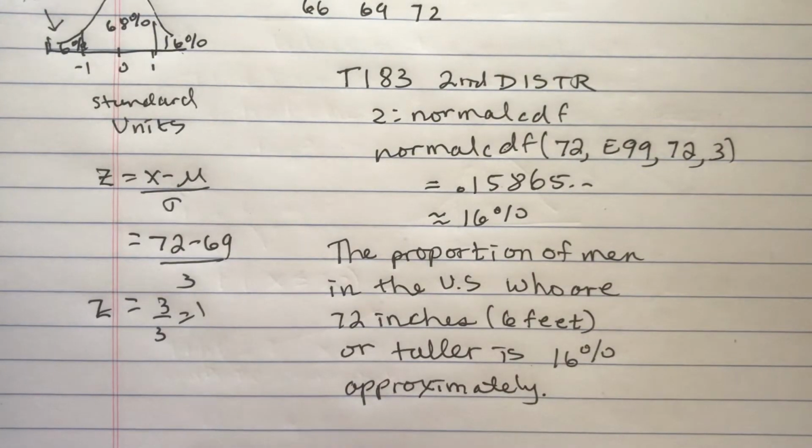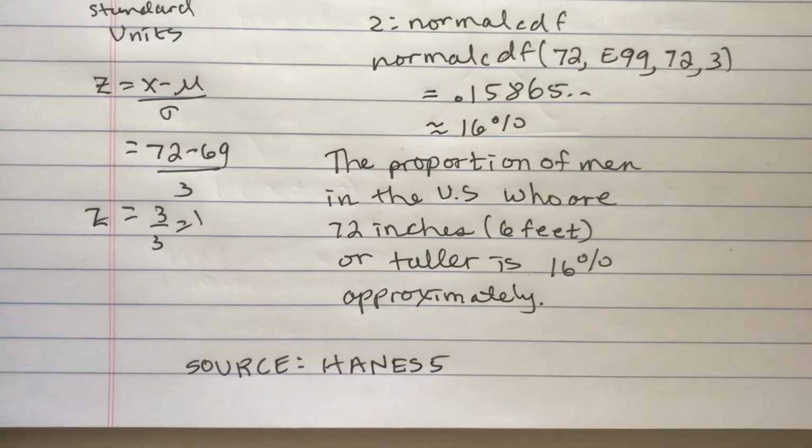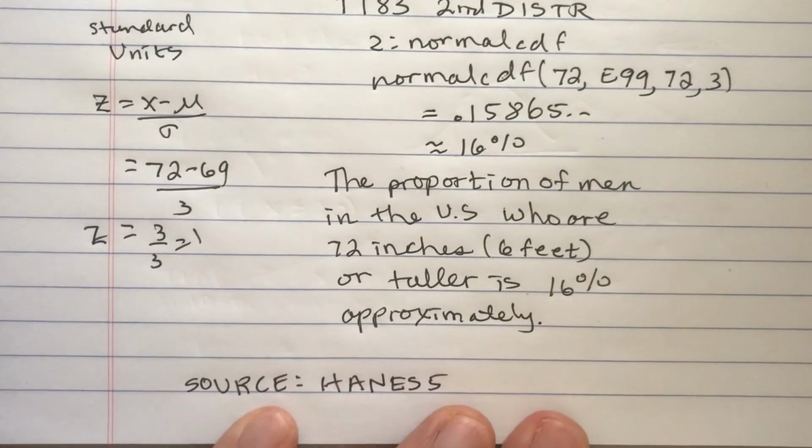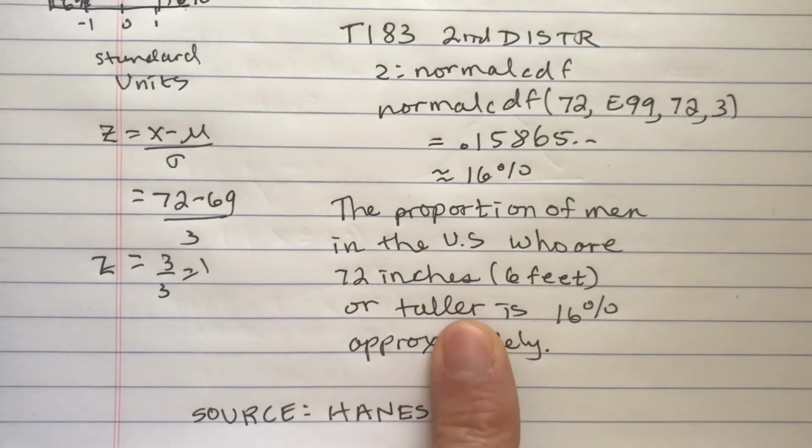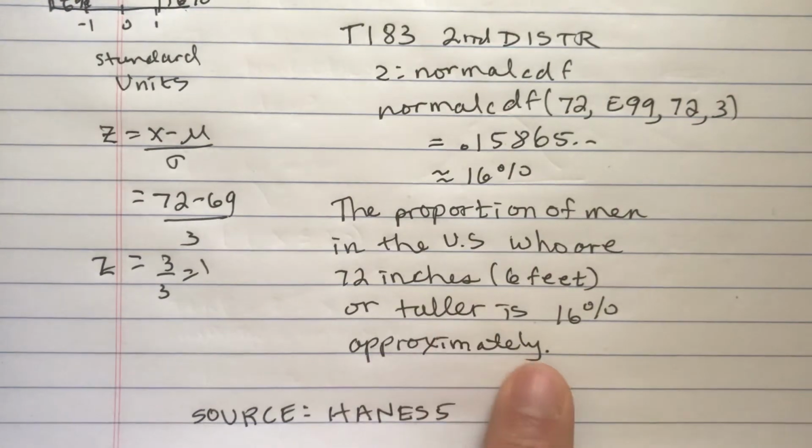The source for this information is NHANES, a study done in 2003 on the heights and weights of Americans. Okay, so that's the proportion of the population. 16% of the population is 6 feet or taller.